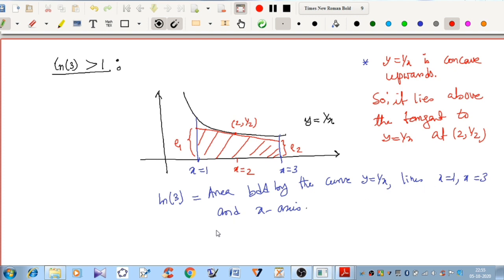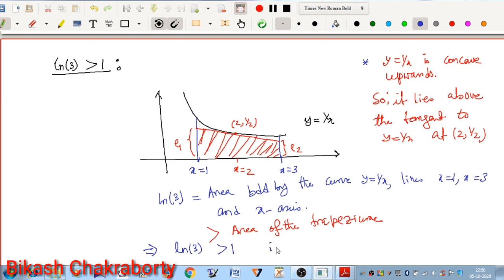It is clear from the figure that this area is strictly bigger than the area of this trapezium. So it is obvious that log of 3 is strictly greater than 1, that is, 3 is strictly greater than e. And this completes the visualization. Thank you.